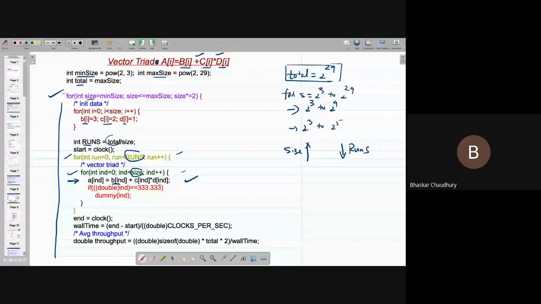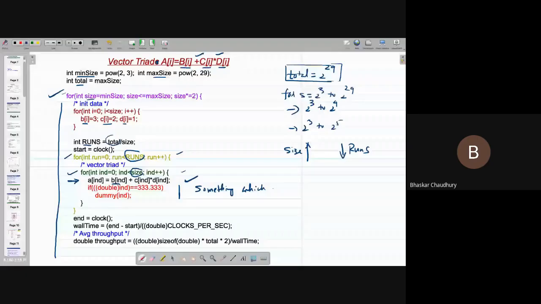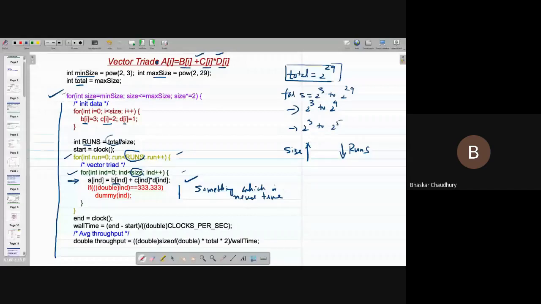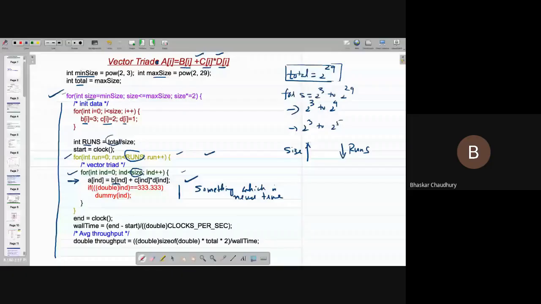Now if you look into this part, you can see this is something which is never true. Why do we place this particular thing here? Sometimes compilers are very smart. The compiler will realize that there is no use of this outer loop, because you are calculating a is equal to b plus c into d, and a, b, c, d, everything is constant.